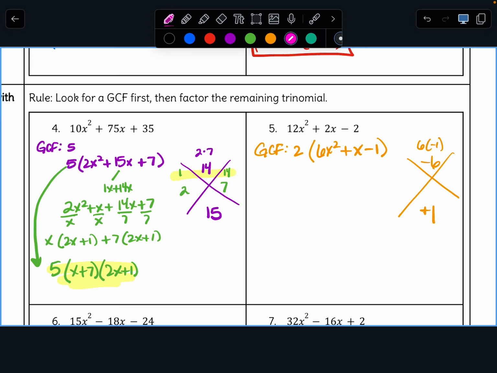So when I list my factors, 1, 6, and 2, 3, one of them needs to be negative, and it has to be the smaller one because my answer is positive. So when I look at this, negative 2 plus 3, when I add, gives me positive 1.